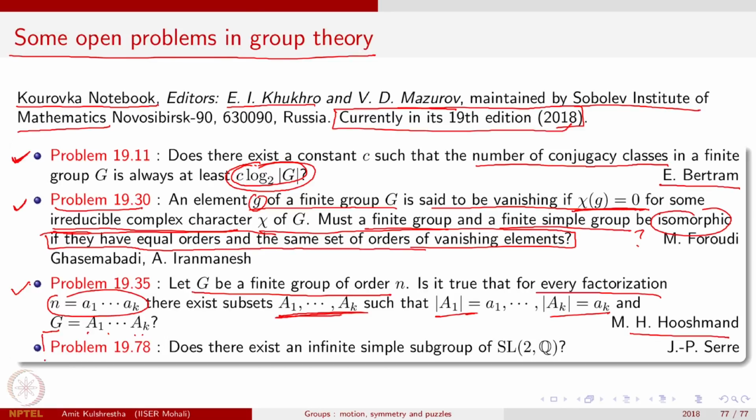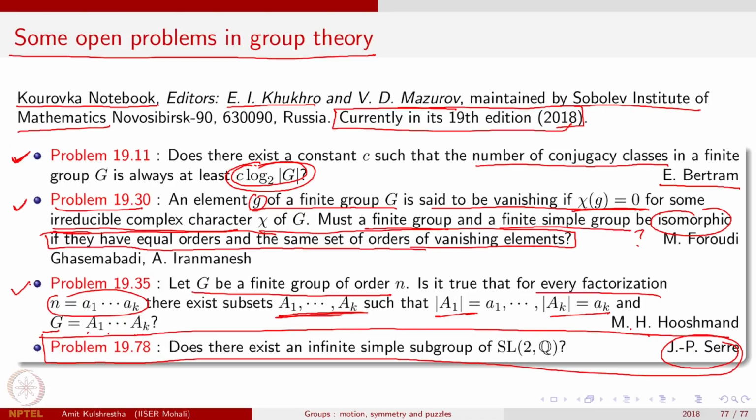The last problem is due to none other than the famous Fields medalist, the famous mathematician of our times, Jean-Pierre Serre, and the problem is very simple. It asks about infinite simple subgroups of SL2(Q).